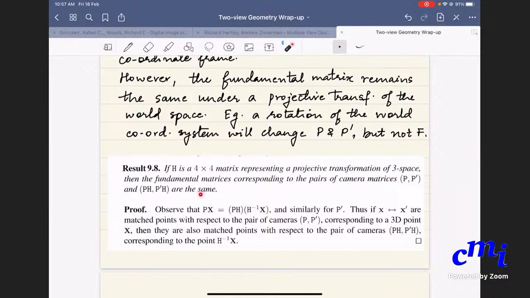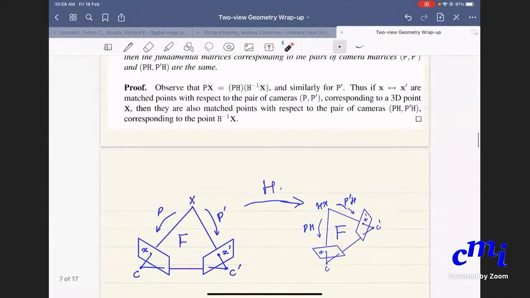And the proof is just one line, because notice that PH can be written in this way. You insert this H H inverse. Similarly, for P prime, you can insert H H inverse. Now if x, x prime is a pair of matched points, then they will also be a pair of matched points with respect to PH, P prime H. And they will correspond to, oh yeah, H inverse X, not HX.